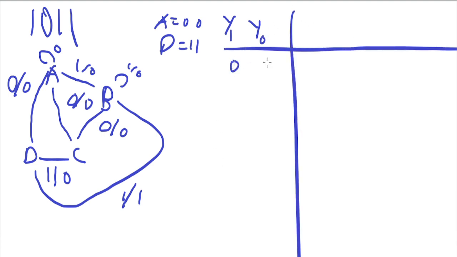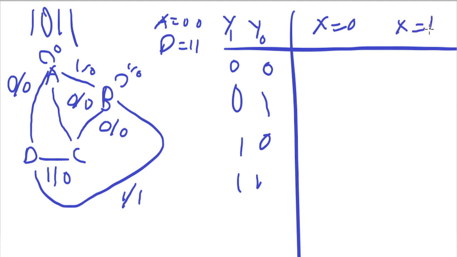So we got 0, 0, 0, 1, 1, 0, 1, 1, x equals 0, and x equals 1. So of course these are the inputs. So you're in A, you get a 0, you go back to A. So you put down A, and then output A, or output 0. You're in A and you get a 1, you go to B. So 0, 1, output 0.